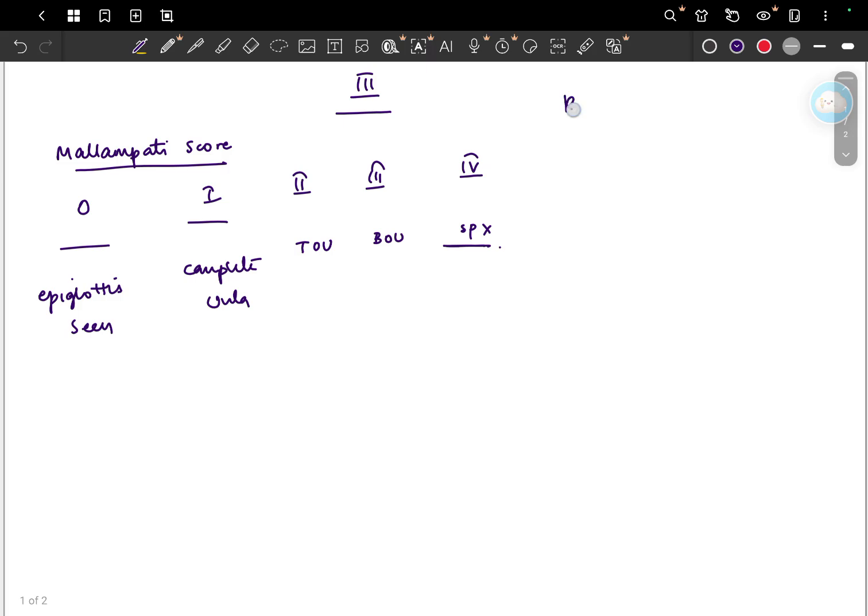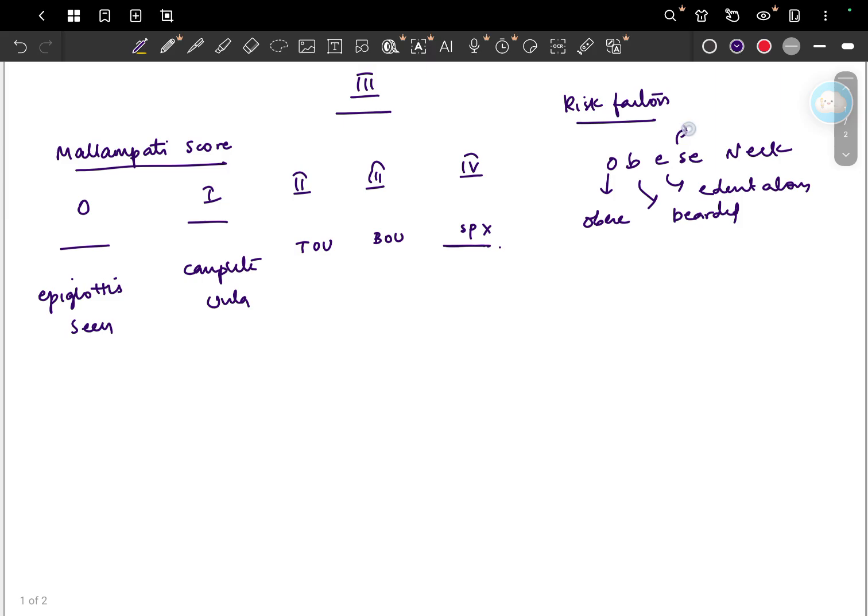Then coming to risk factors, you can remember it as OBESE NECK. O for obese, B for bearded, E for edentulous, S for snorer, E for elderly, and neck, which has to be greater than 40 centimeter circumference.